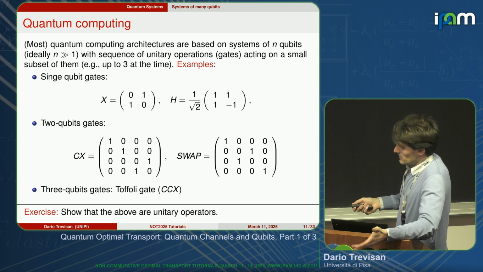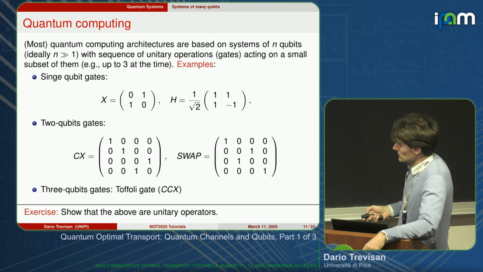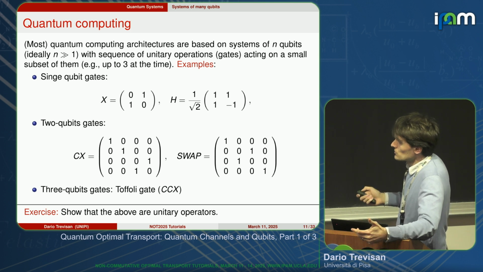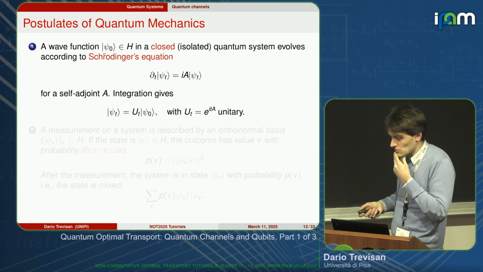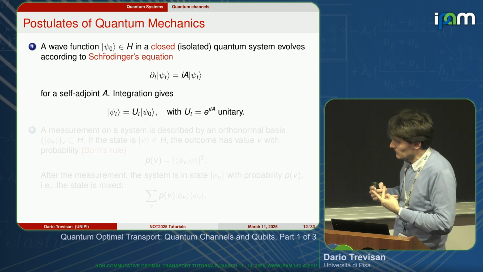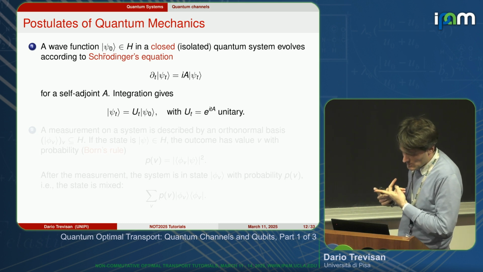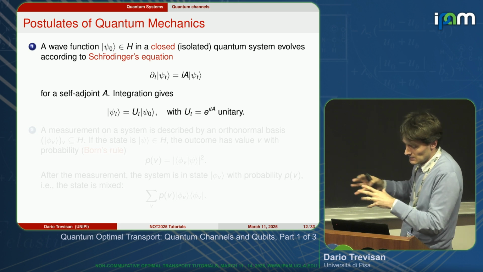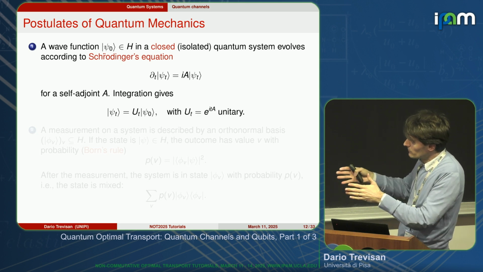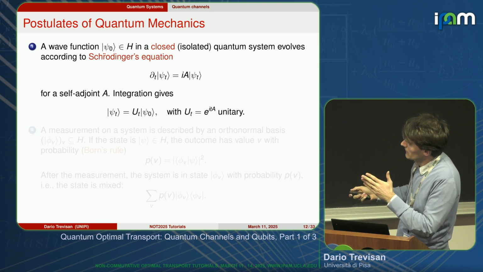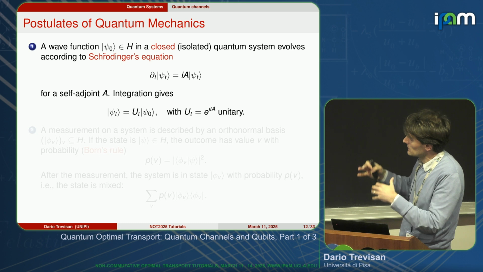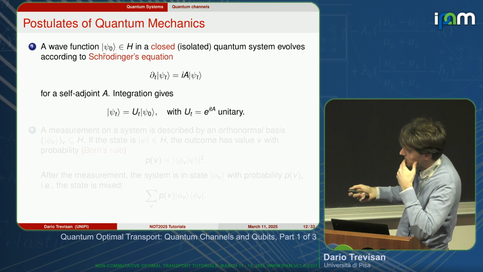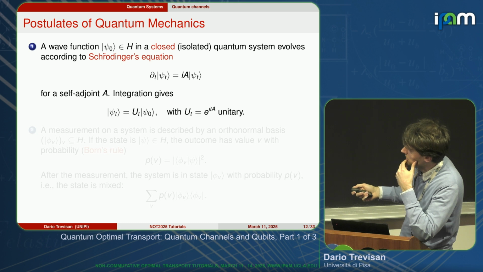So, just a simple exercise: show that these are actually unitary operations. But why unitary operations and not more general operations? Because the postulates of quantum mechanics prescribe essentially that you can do 2 things in a quantum system. If the system is closed, in the sense that it's isolated, the postulates tell you that it will evolve according to a Hamiltonian of the system. Here I'm writing this as A, because I don't want to use another time H. If the system is closed, it will evolve according to the Schrödinger equation.